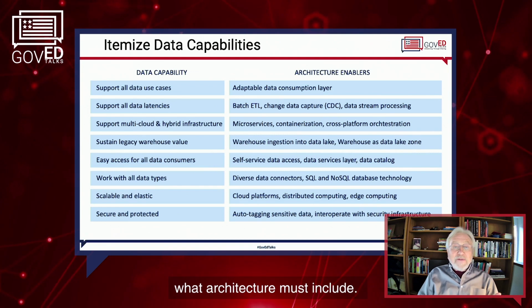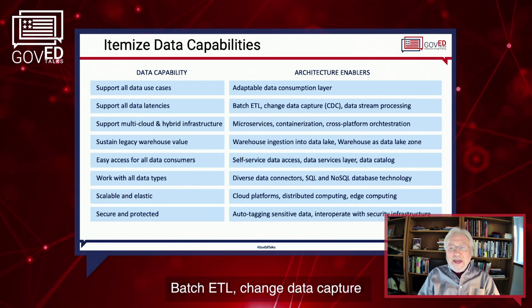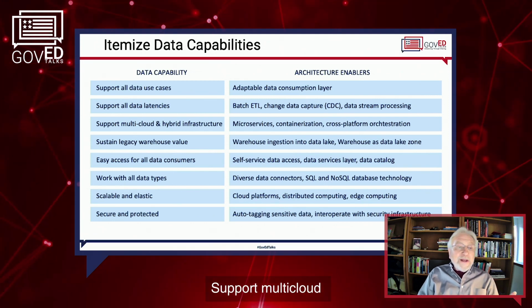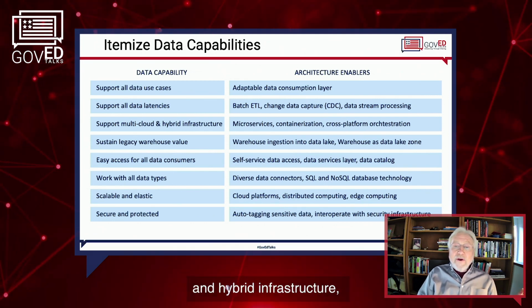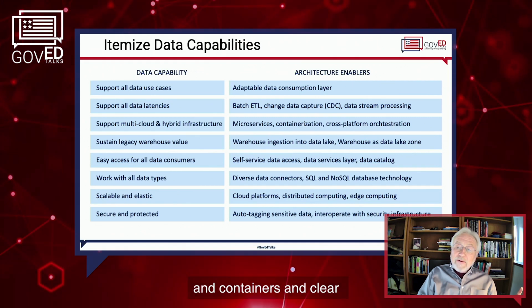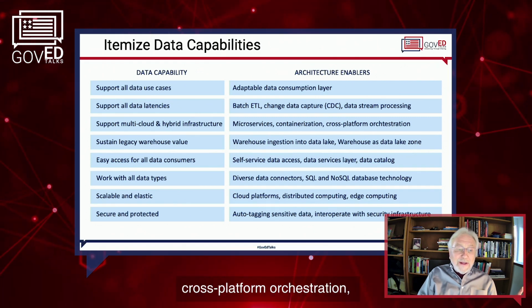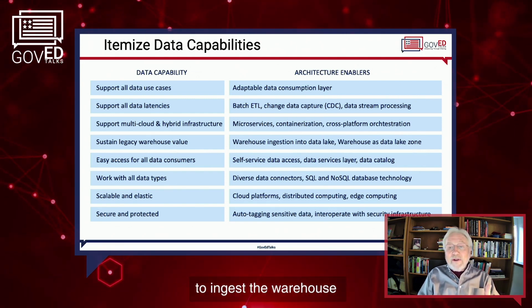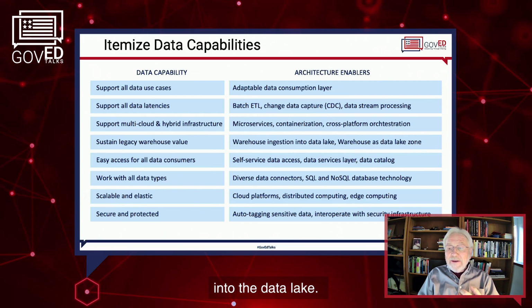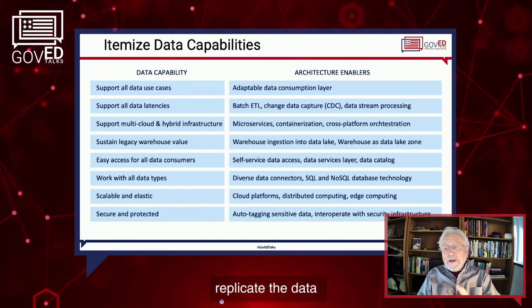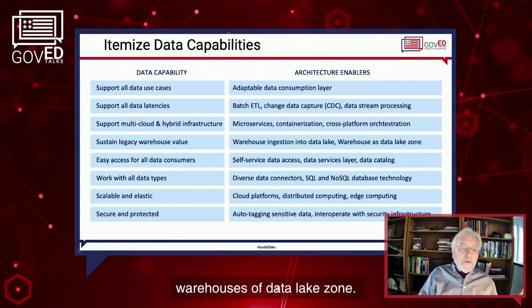My architecture must include batch ETL, change data capture, and data stream processing. Support multi-cloud and hybrid infrastructure. I need to architect to include microservices and containers and cross-platform orchestration. Sustain legacy data warehouse value. Be able to ingest the warehouse into the data lake, and maybe be able to replicate the data warehouse as a data lake zone.